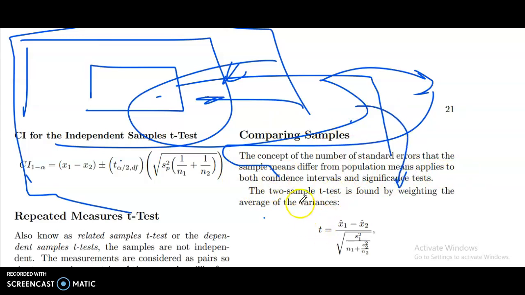The two sample t-test is found by weighting the average of the variances.